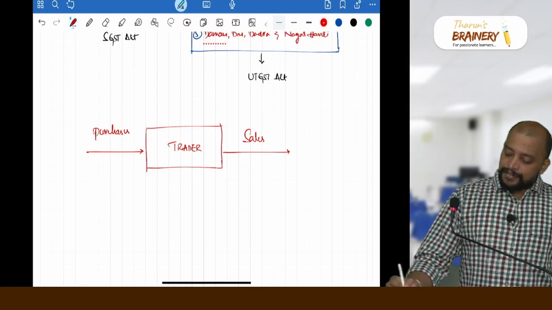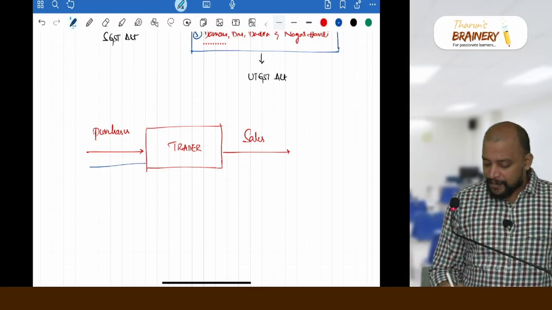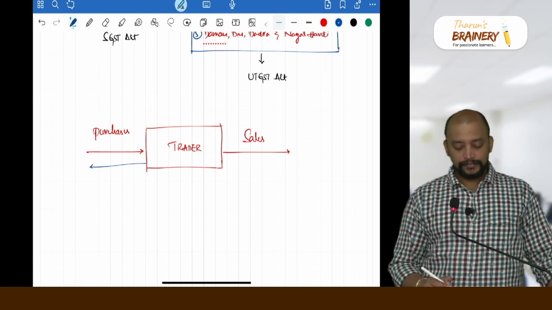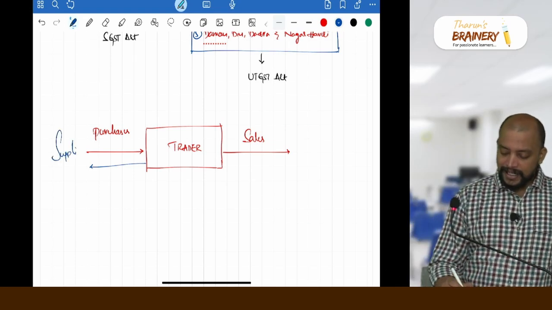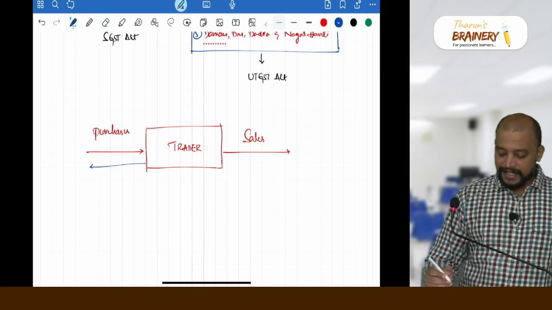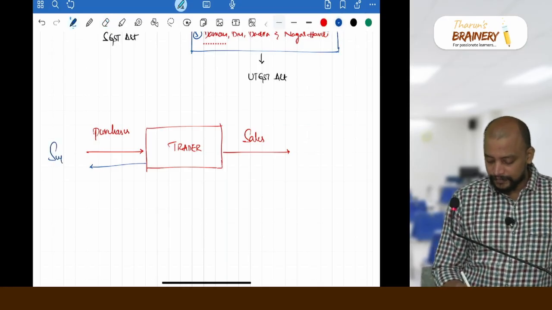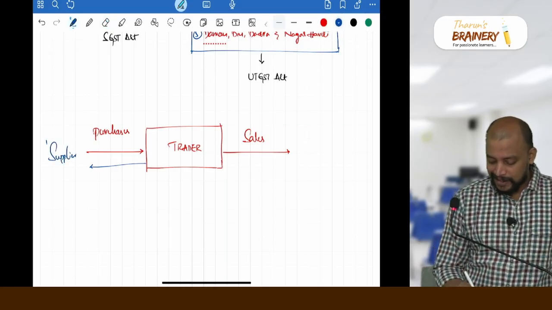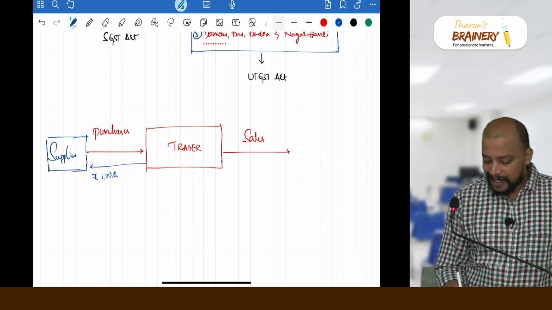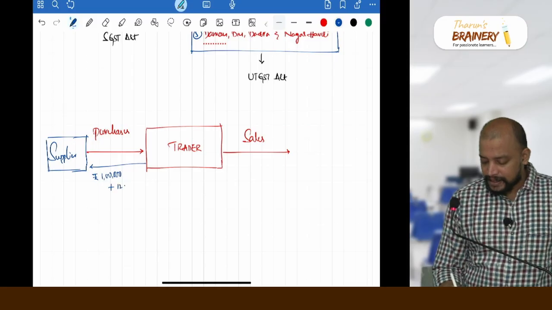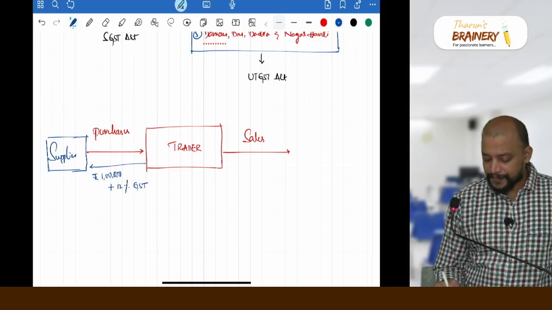At the time when he purchased, he needs to make some payment to the supplier, correct? So there is a supplier, and to that supplier the payment is made by the trader, say it is rupees 1 lakh plus 12% GST.